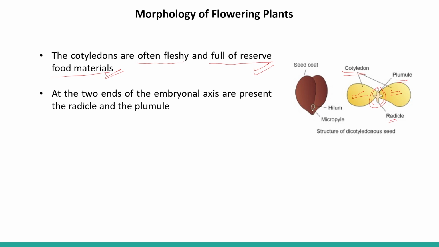That reserve food gets solubilized because lots of water has been absorbed, and then it is available to the developing embryo. At the two ends of the embryonal axis are the radicle and the plumule: the upper region is the plumule and the lower region is the radicle.